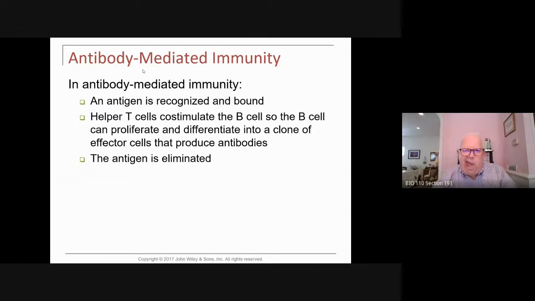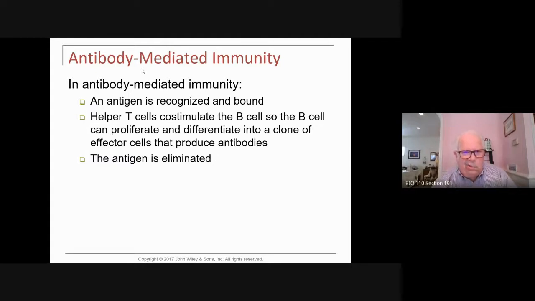So in both antibody and cell-mediated immunity, you have to have an APC, an antigen-presenting cell, to give that antigen to either a T cell or a B cell.